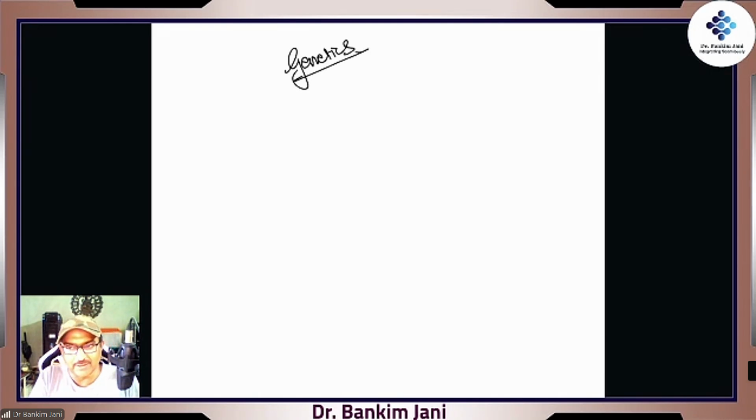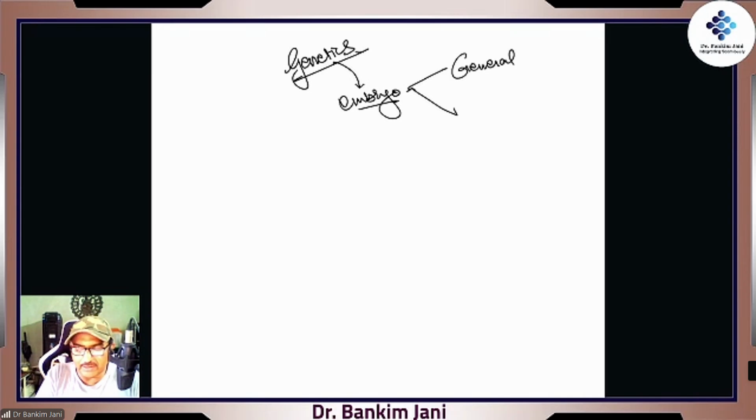It would start with genetics, and then you learn the embryology. Right? In embryo, one is the general embryology, and then comes the systemic embryology. Systemic embryology, that is when we learn the organ development one by one. Correct? When in general, all the way right from the conception to trilaminar disc till implantation.